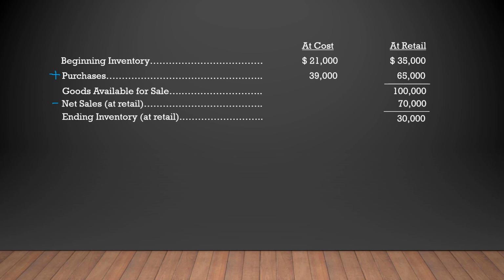I'd like to call your attention to two items at this point. First, all we can do is incorporate net sales in the retail column since sales are recorded at the retail sales price. To put it another way, when we record a journal entry for the sale of merchandise inventory, we debit AR, credit sales, debit CGS, and credit merchandise inventory.